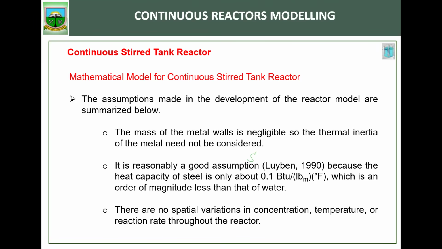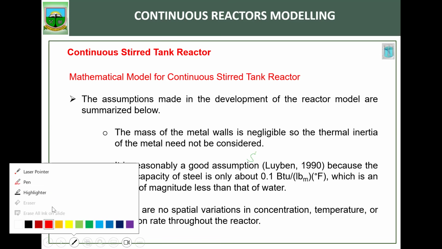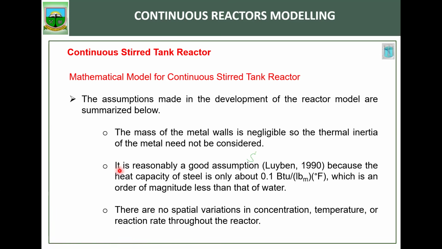We are also assuming that there's a good assumption for the heat capacity of the steel, which is an order of magnitude lower than that of water. If you know the specific heat capacity of water, I think it's stated here as 0.1 BTU per pound per Fahrenheit.